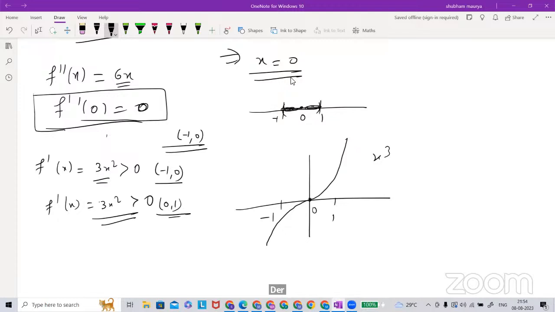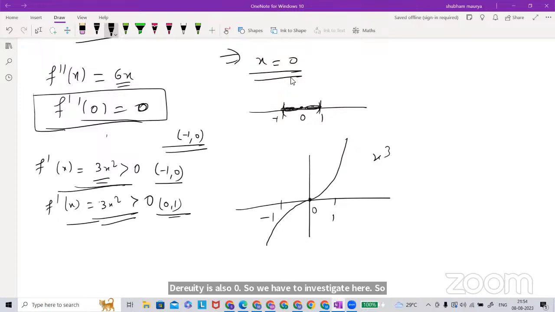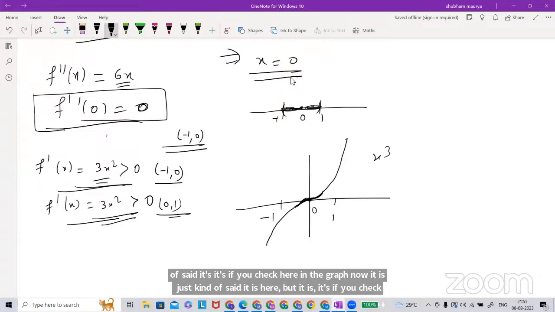Once we investigate using this derivative test, using increasing and decreasing, we got that if you check in the graph, it has a kind of s shape, but it is not a local maxima or local minima. In this case it is a saddle point.